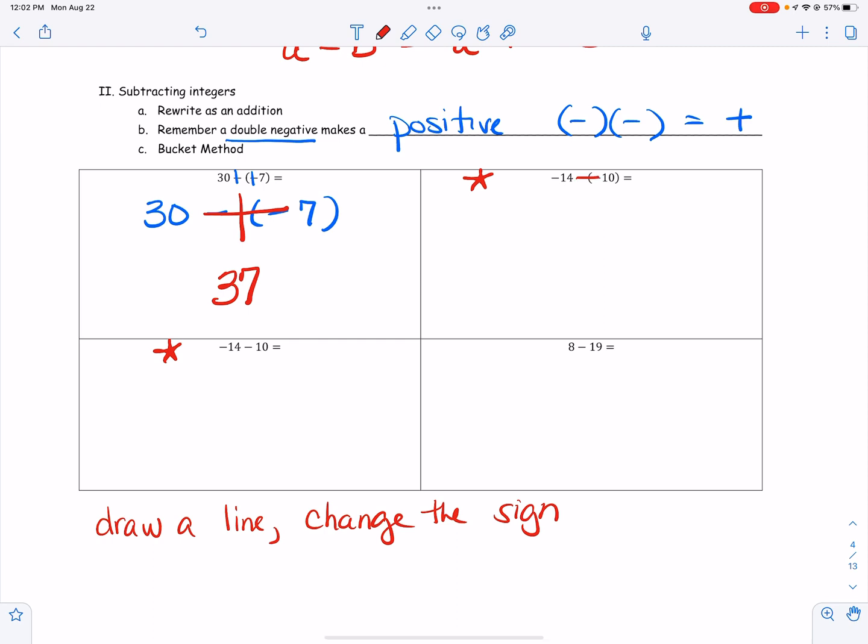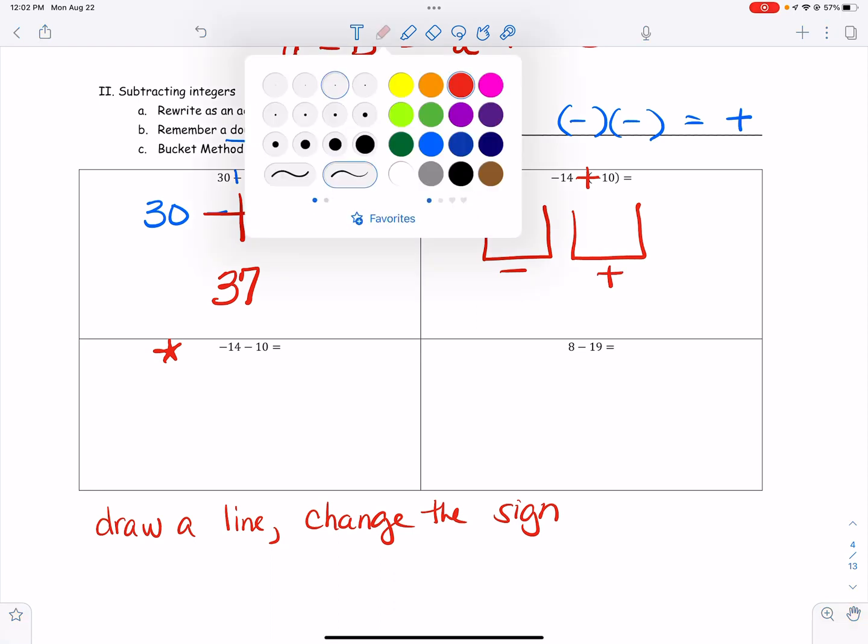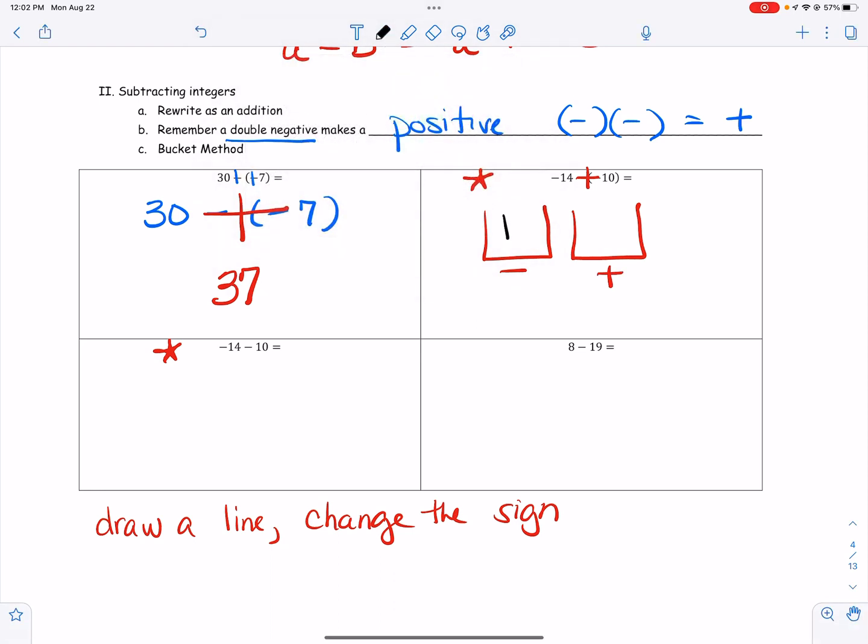Draw a line and change the sign, or realize that you have negative 14 and positive 10. So 14 goes in the negative bucket and 10 goes in the positive. Your answer is going to be negative because you've got more things in your negative bucket. And then we subtract 14 minus 10 and we get negative 4.